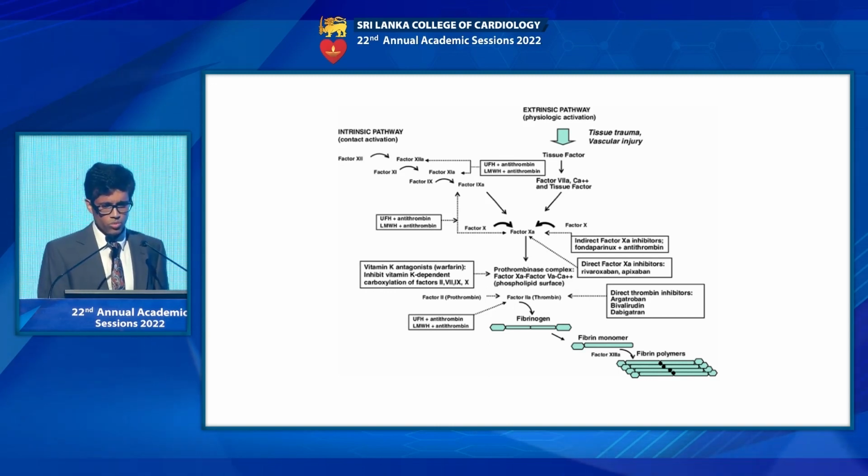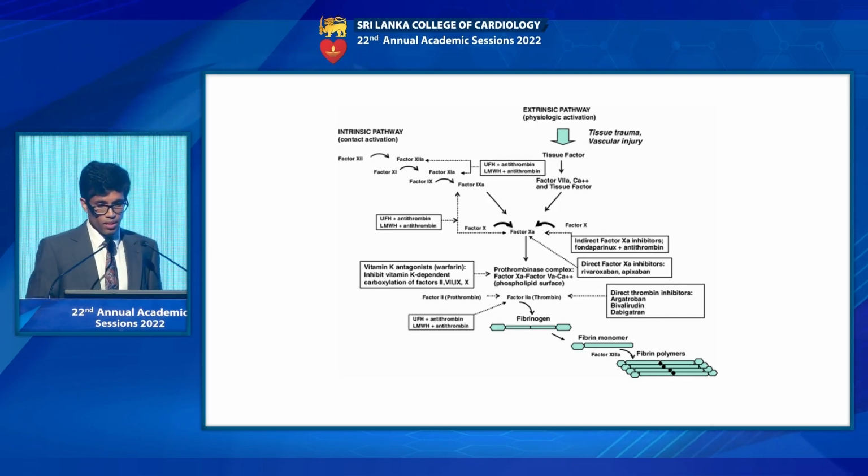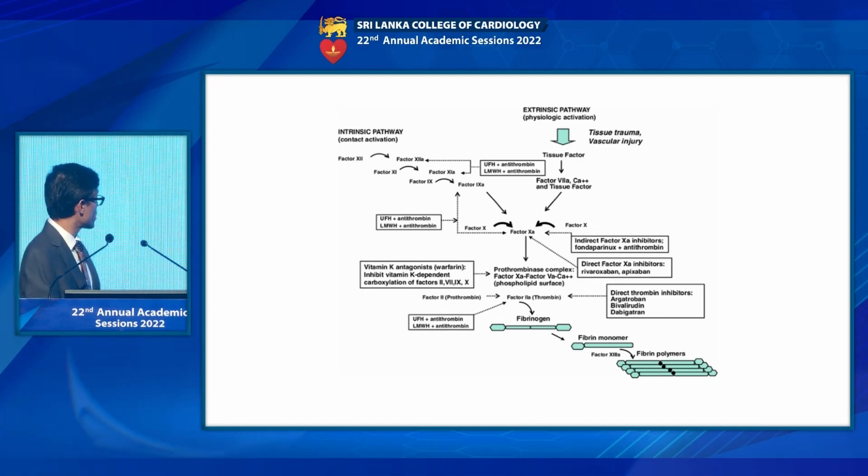So this is a diagram showing various steps of their action. So we can look at unfractionated heparin, where it acts mainly on factor 10A and also factor 2A. These are the two main steps. So most things would act here, and factor 2A, unfractionated heparin, low molecular weight heparin.